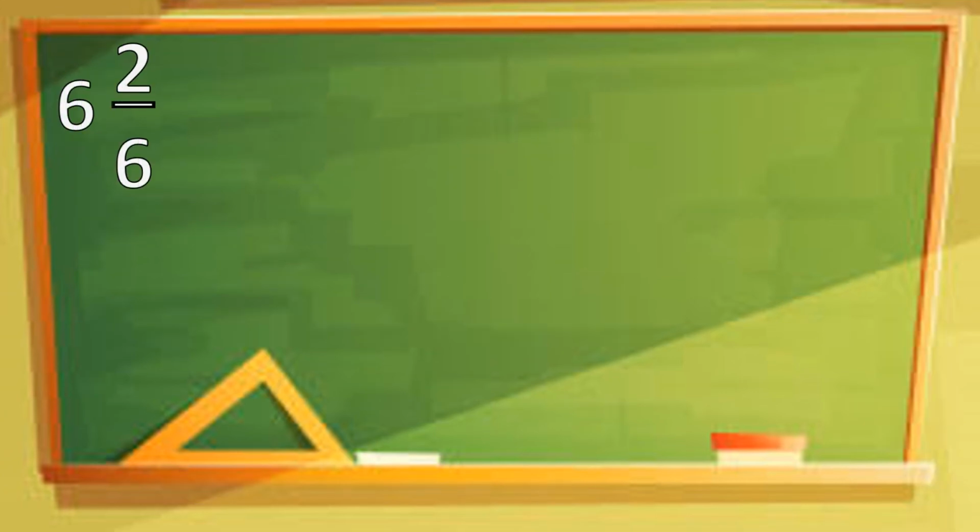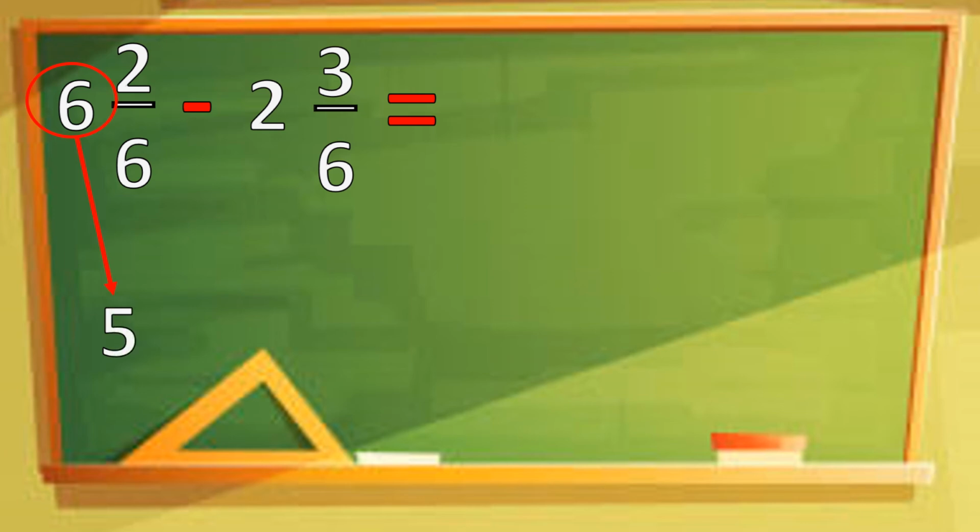Since we cannot subtract the numerator of the subtrahend from the numerator of the minuend, or we cannot subtract 3 from 2, we have to borrow 1 from 6. And when we borrow 1 from 6, obviously, 6 will become 5. And the 1 that we borrowed must be expressed into a fraction.